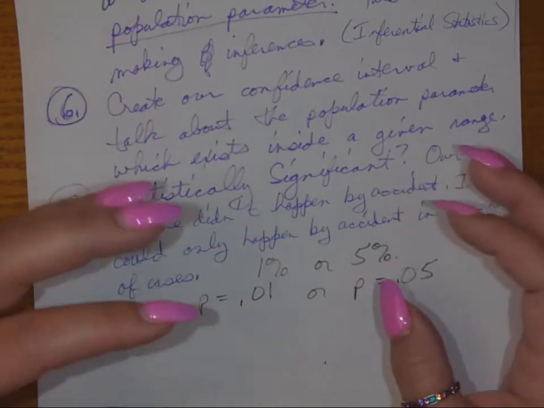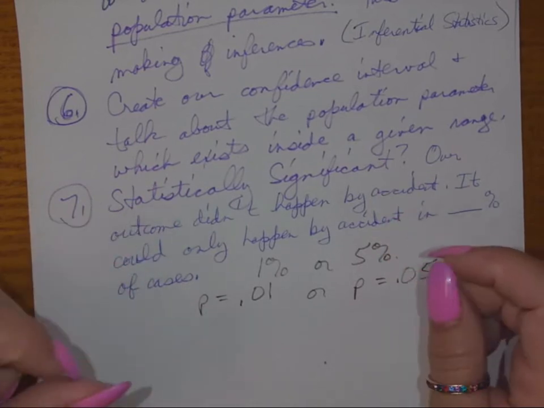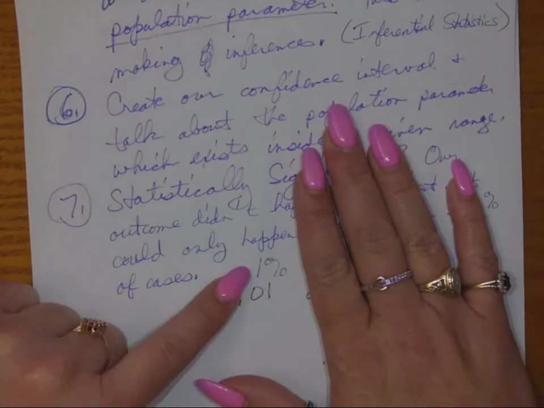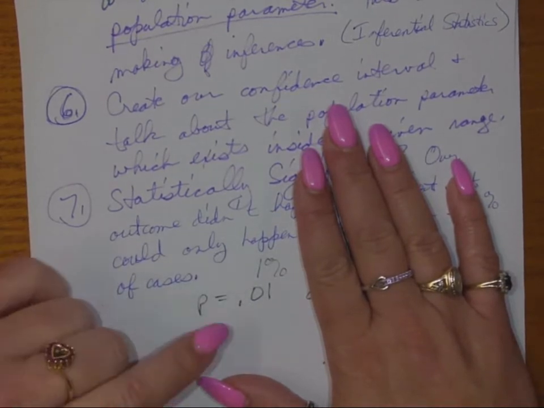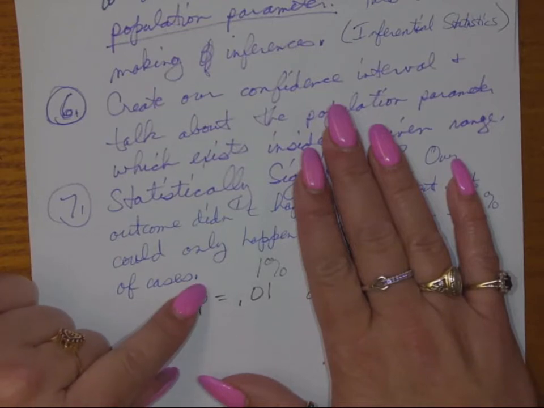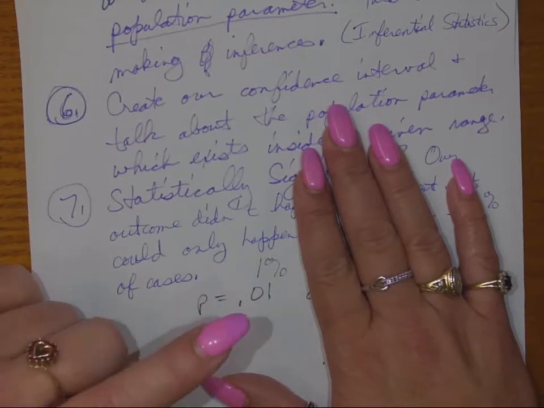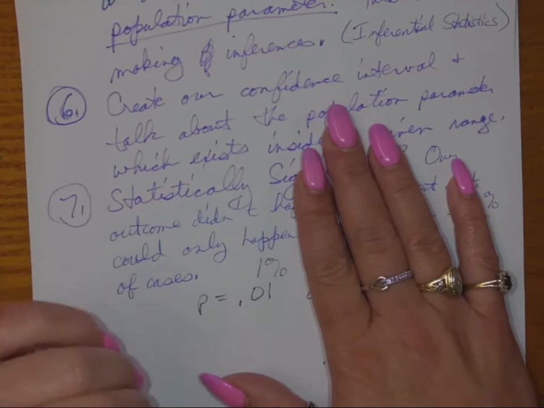And we do all the math, we figure out our confidence interval, and we can say it's statistically significant at the 0.01 level or at the 1% level. Then in 99% of the situations, the population parameters we have calculated would have happened only because of the fertilizer on that field, or whatever our treatment was.